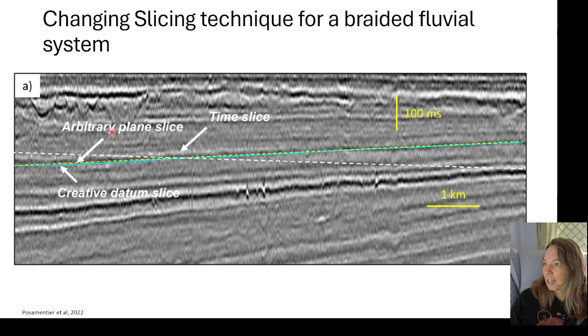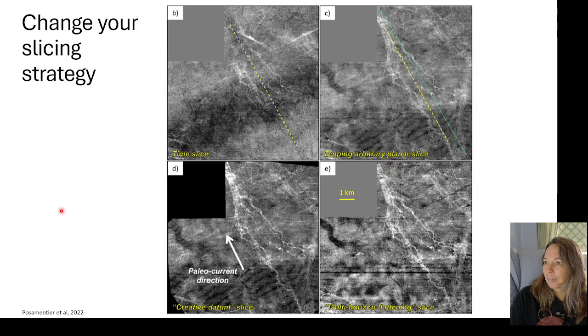Here's another case where we could change our slicing technique for a braided fluvial channel system. This is using some more creative datuming, where you're picking the datum that best matches what you're trying to reveal in the seismic data. There's a lot of different ways to change your slicing strategy in order to work your way through the system.